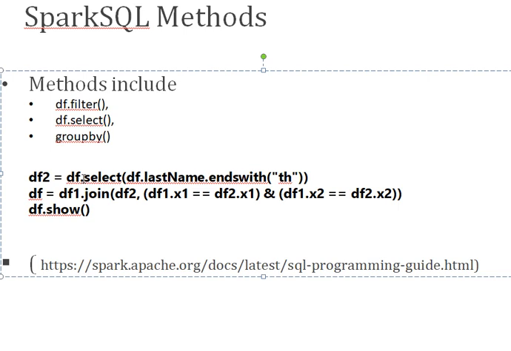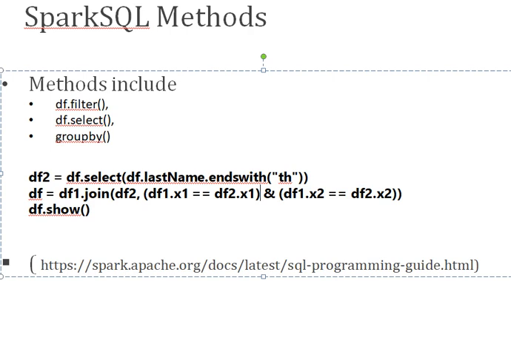Let's select, so it will return the records with this last name. And the join as well: on this condition we do the join, and if both conditions are true, we do the join. And show lists the result.